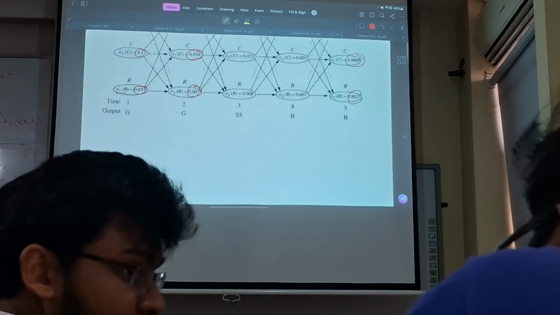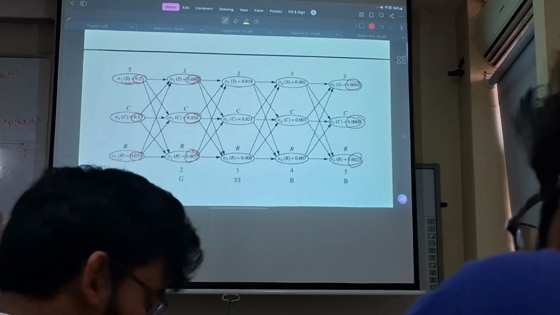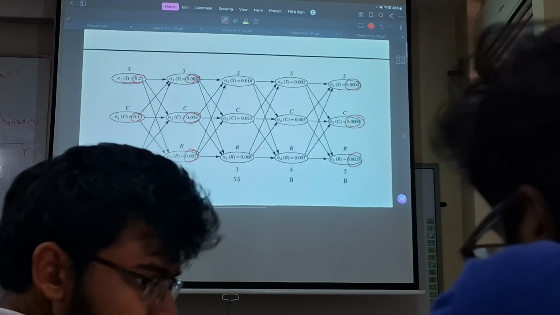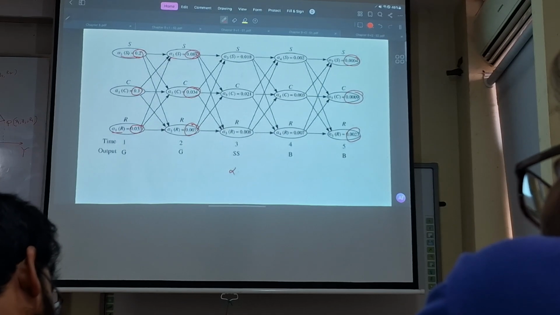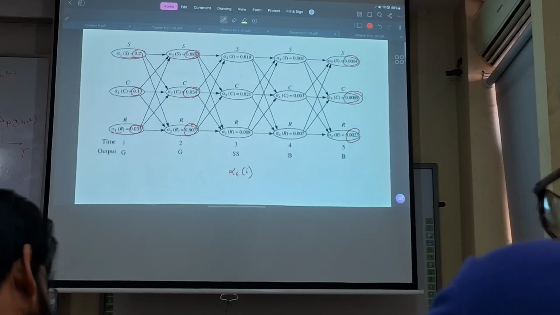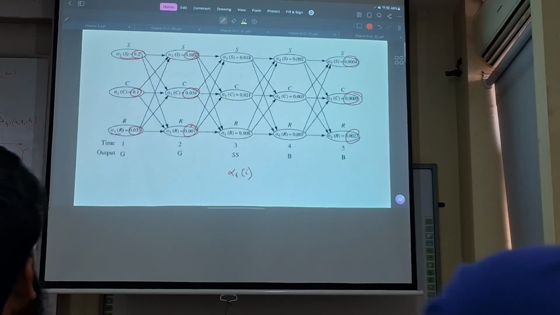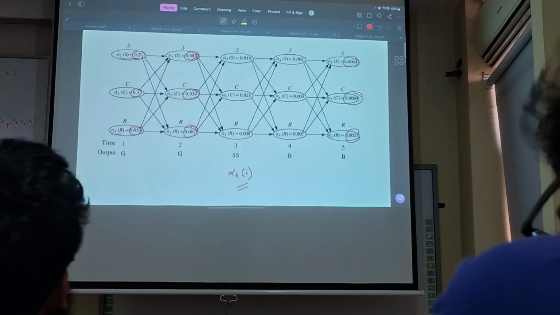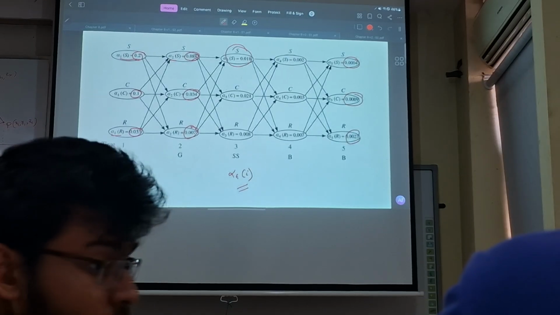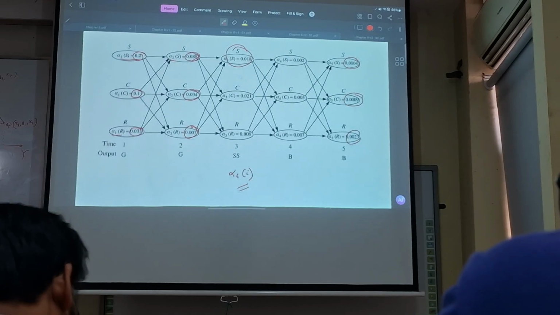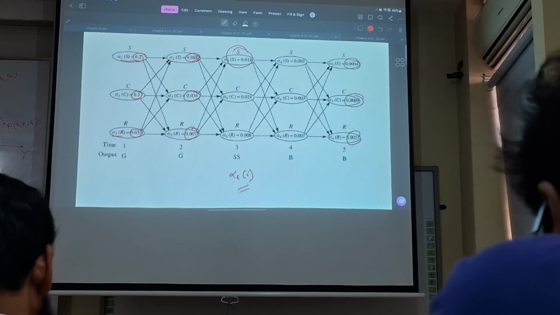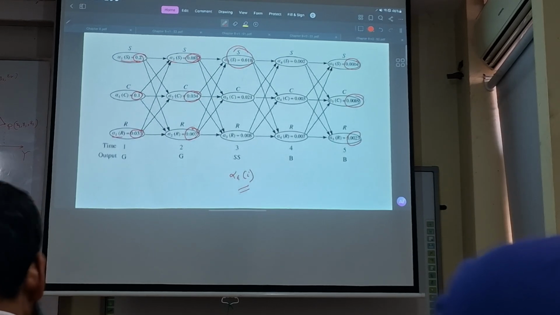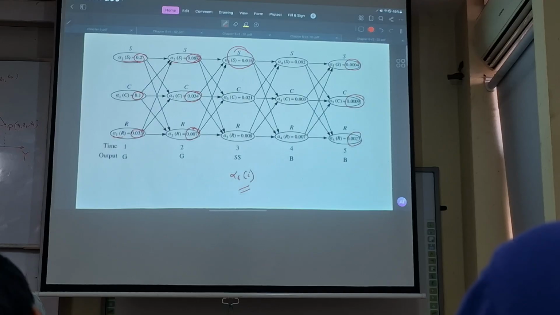In case of the backward algorithm, the values in the forward algorithm, the observed outputs are also considered.